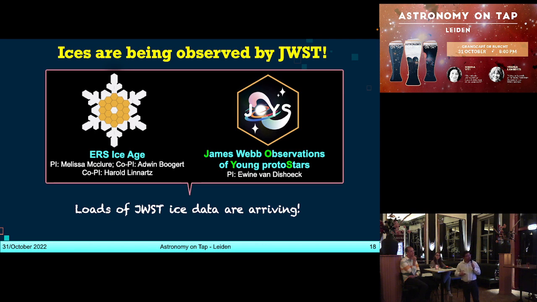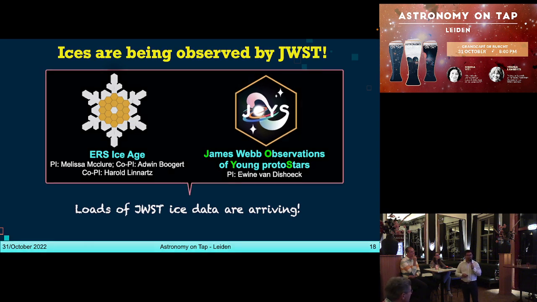And also we have JOICE, the James Webb Observations of Young Protostars, led by Professor Ewine van Dishoeck. So we have a lot of data, which is keeping me very busy as well. I'm allowed to show just small parts of the observations that we have so far, but there is much more to come.